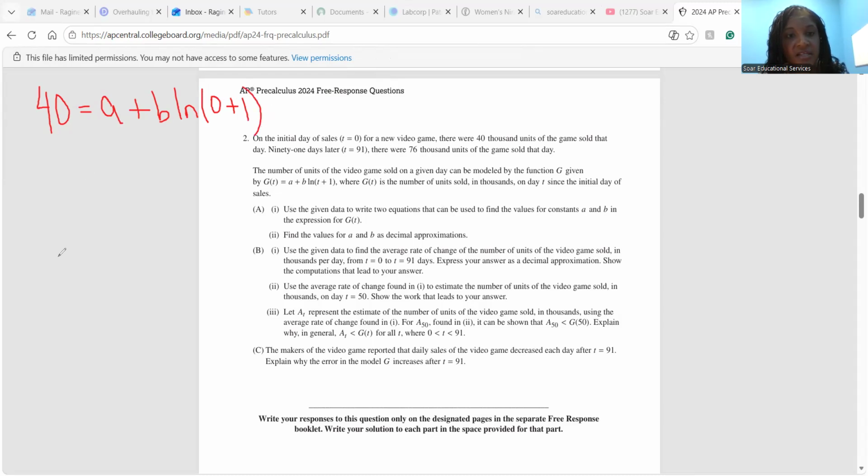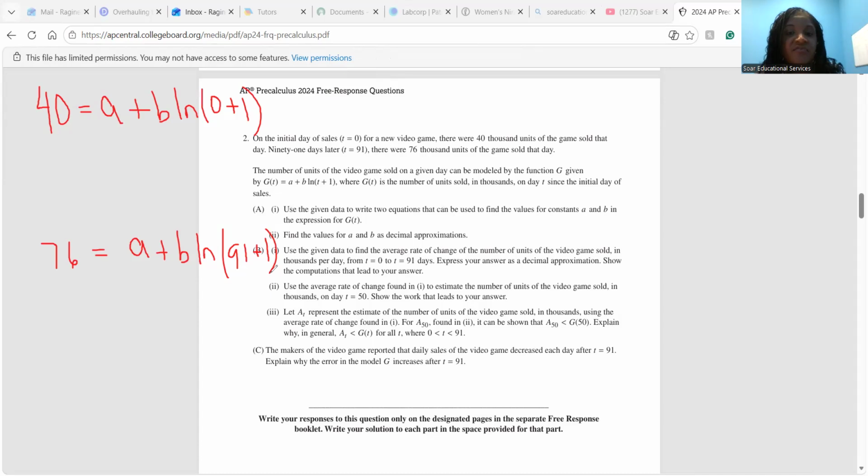And then the second equation: we had 76,000 units sold, and that is 76 equals A plus B natural log of 91 plus 1. So that's part one. That's our equations. We get our points for that.